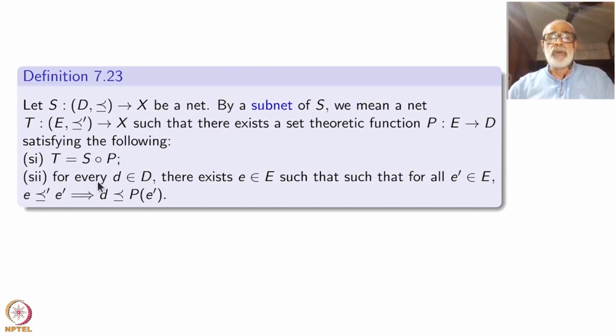S2 says the following: for every D inside D, you must have an E inside E, such that for all E prime which follows E, that is E less than or equal to E prime, D must be followed by P of E prime. So P of E prime should come after D. That is the property of P. And we take such a P, take T equal to S composite P, and all such T will be called subnets of S.